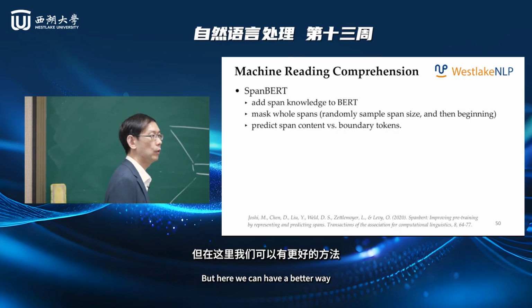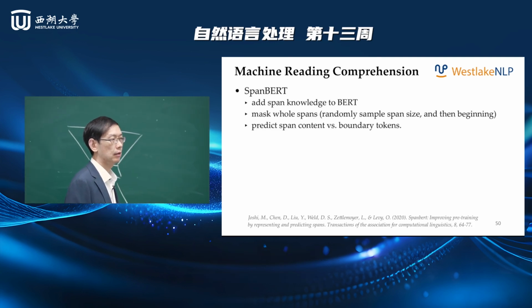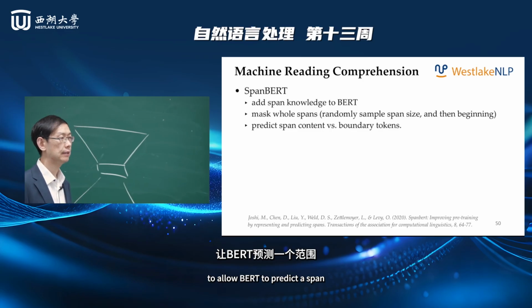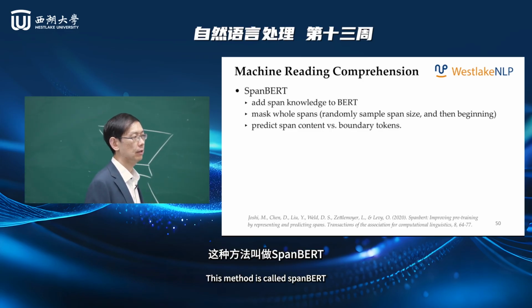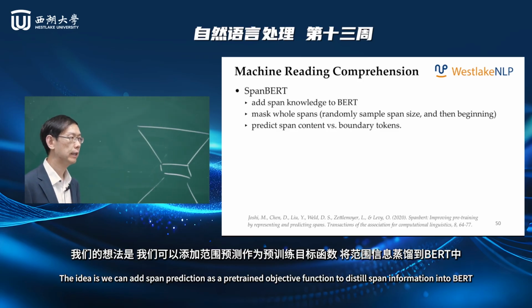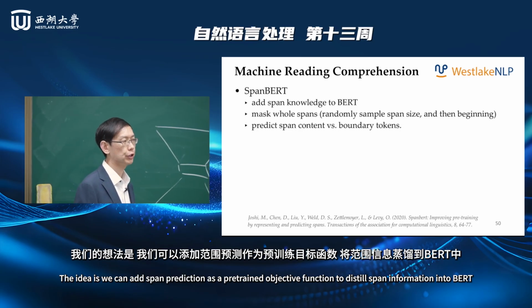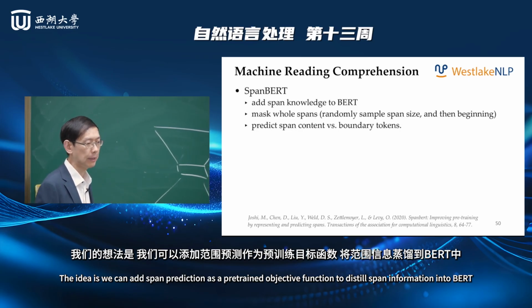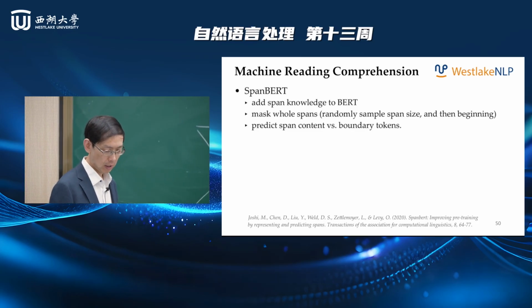But here, we can have a better way to allow BERT to predict a span. This method is called SpanBERT. The idea is we can add a span prediction as a pre-training objective function to distill span information into BERT. And how do we do that?